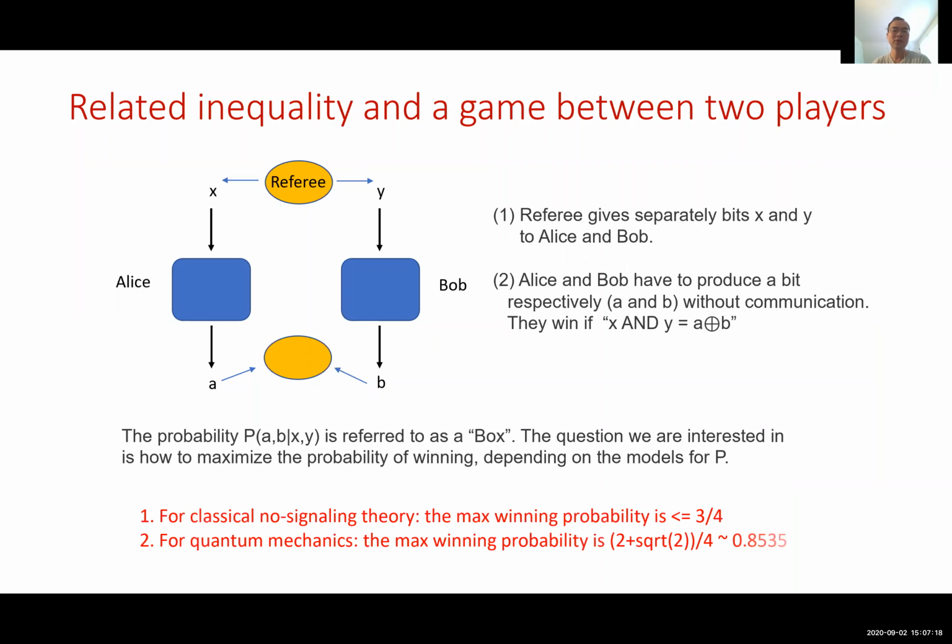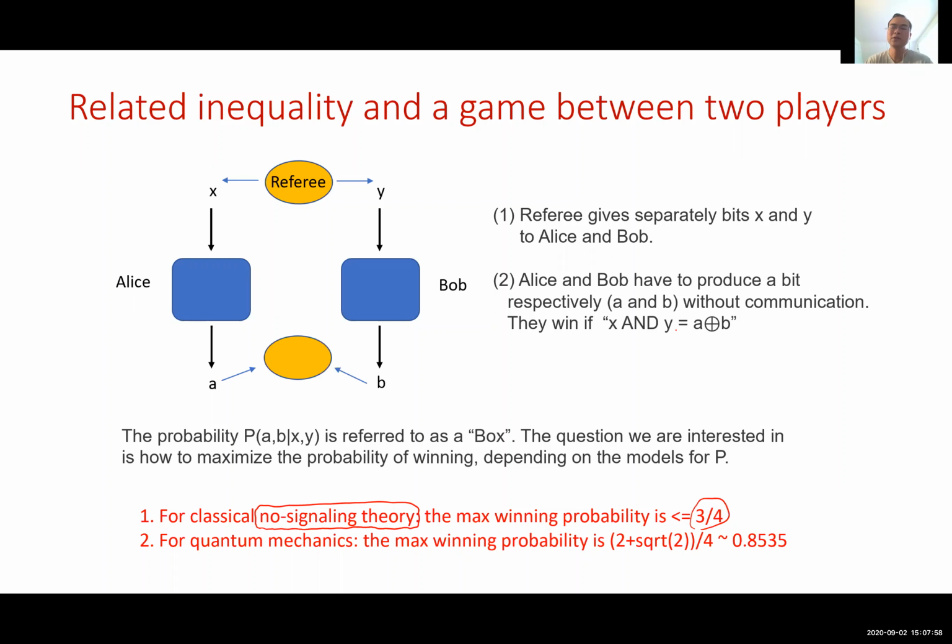We won't be able to show how this is derived rigorously, but if A and B are classical players and there's no signaling, then the maximum probability of winning is 75%, so 3/4.